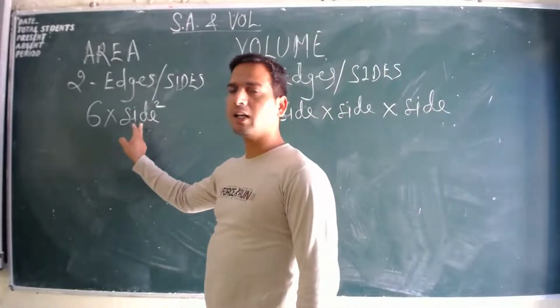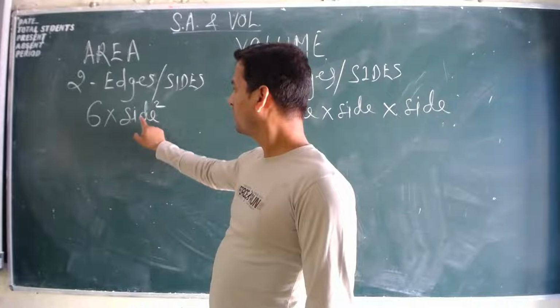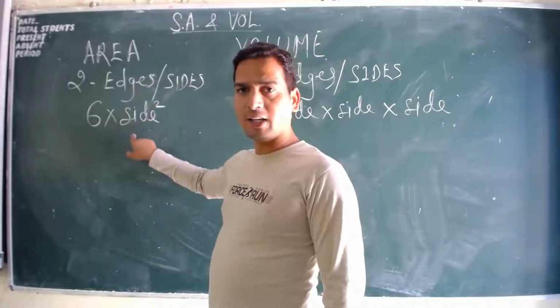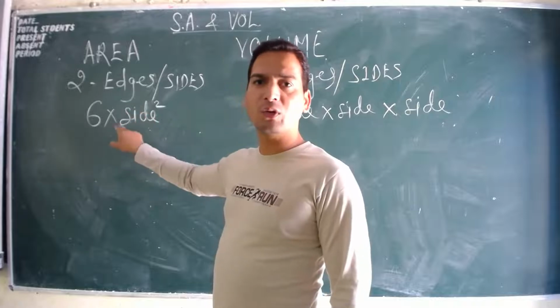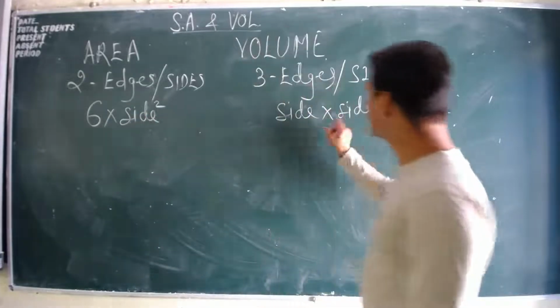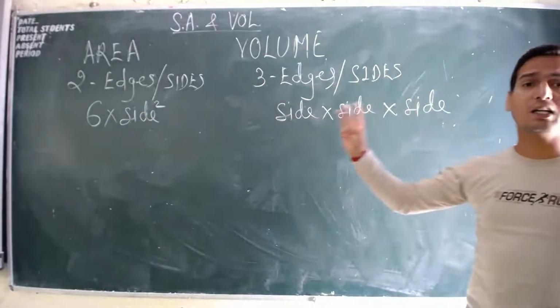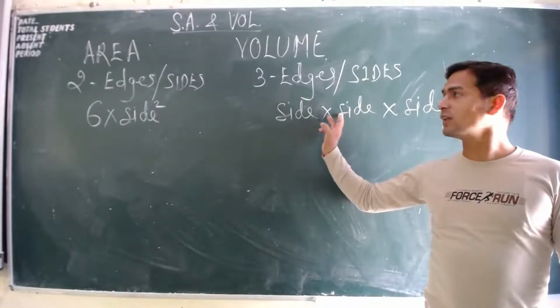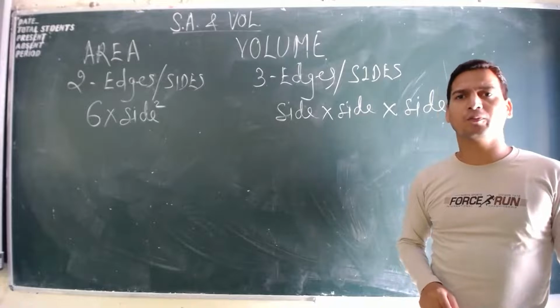Here you can see clearly, for finding the area only two edges, two sides are used: side square. For finding the volume, side into side into side, three edges have been used. That's why this is the formula of volume.